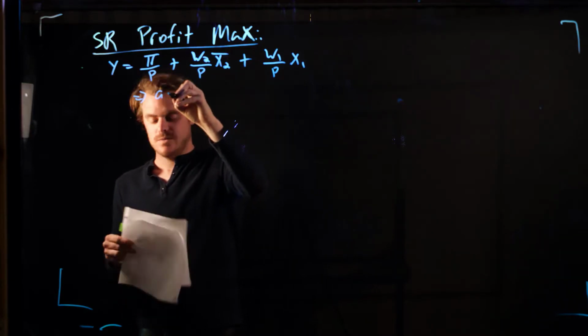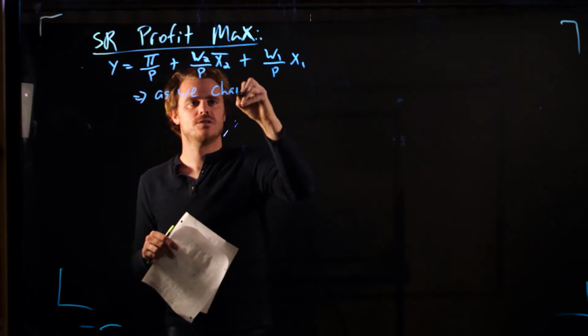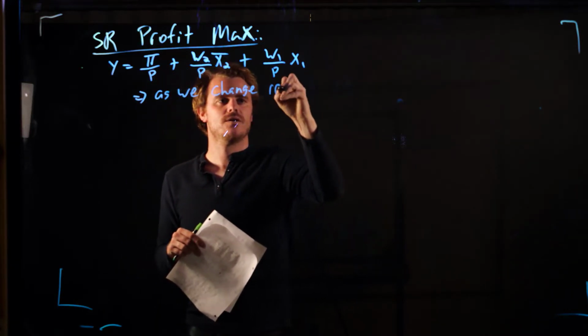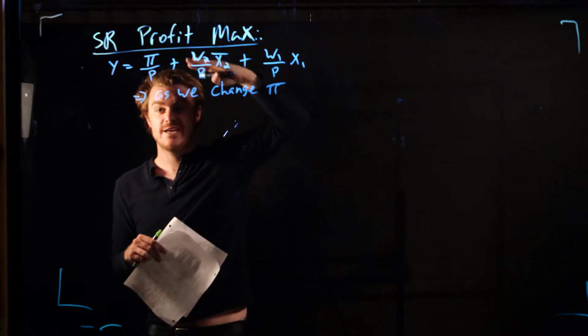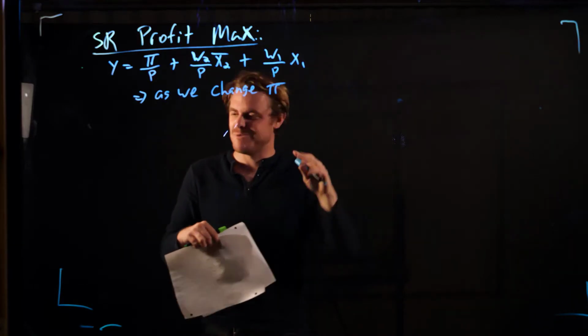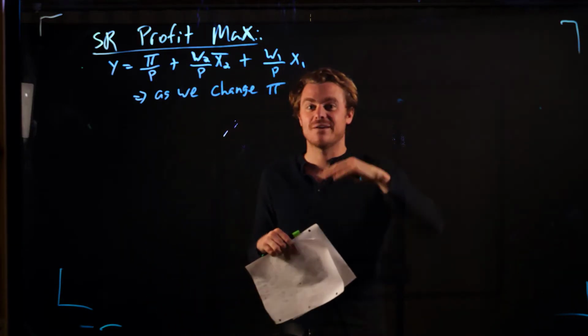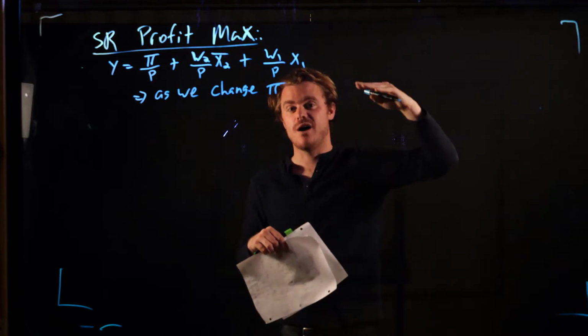So as we change the profit level, we're going to change the intercept, and we're going to get a family of straight lines. Maybe it's going to be really clear when I draw it, but we're going to get a family of these parallel straight lines for different levels of profit.